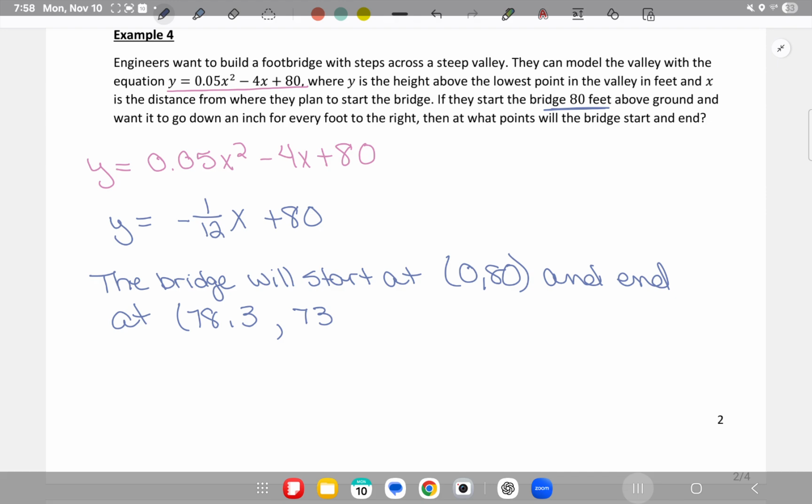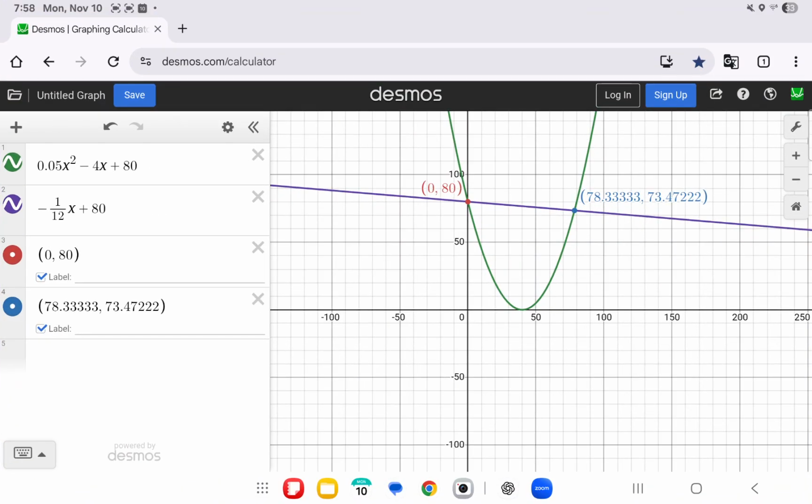I forgot what that decimal is, we'll just round it to a tenth.